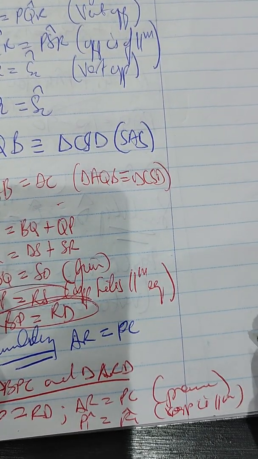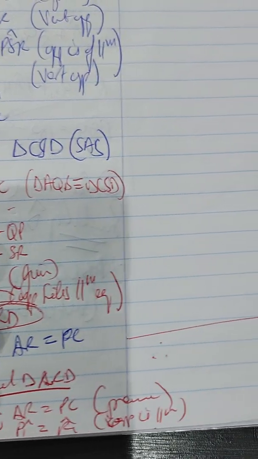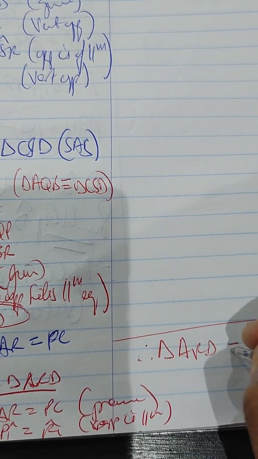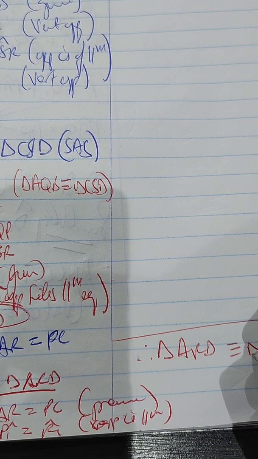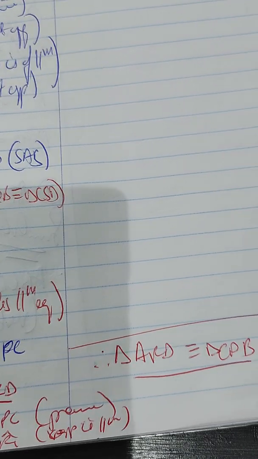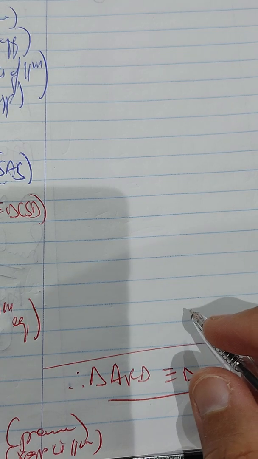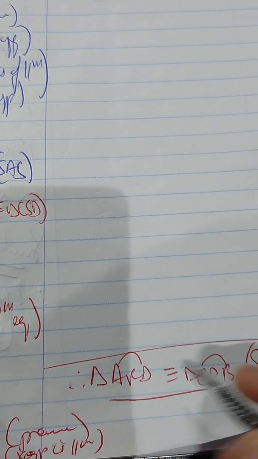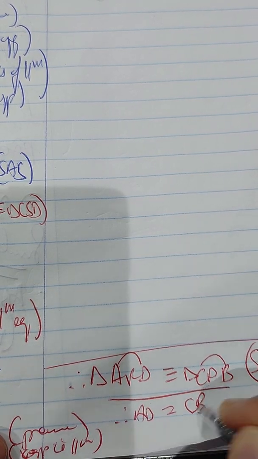So we can conclude now, therefore, triangle ARD is congruent to triangle CPB. Why? Because it's side angle side. So from here we can conclude that AD is equal to BC. Therefore AD is equal to CB.